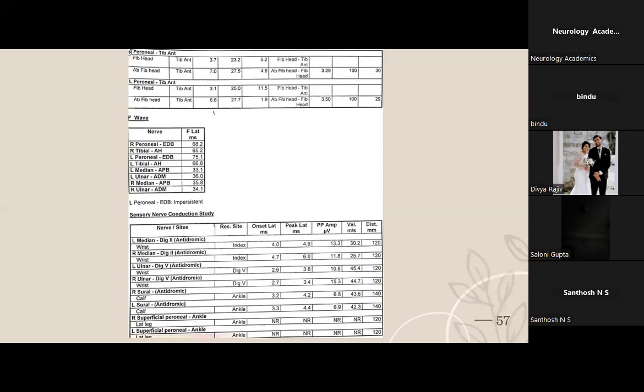Bilateral sural is also reduced amplitude, which can be explained by the S1 radiculopathy that he's having. Sural should be normal. SNAPs should be normal. So all those decreased potentials are like an HNPP kind of presentation.